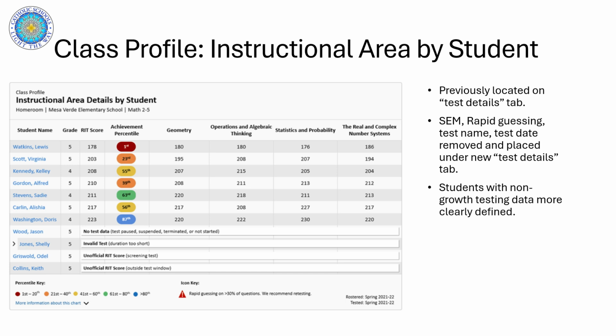However, being in the first percentile, that doesn't mean that he won't need additional help in real numbers and complex number systems, even though he got a 186. And for students like Lewis, it is important to look at their historic testing data over time to determine if this is at the student's capacity or if this is an anomaly in their testing data and they should be retested.